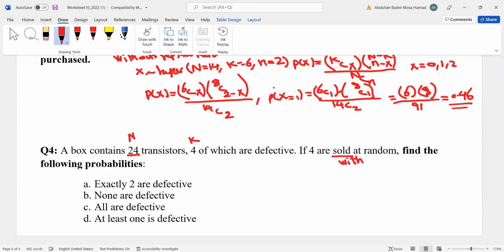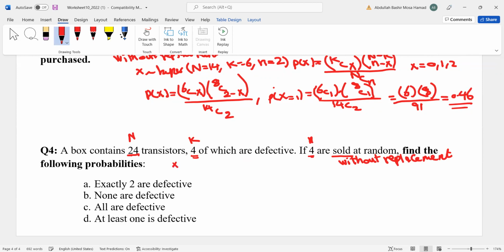Sold means done with no replacement. Without replacement means it is hypergeometric distribution. And these are the parameters: N equal 24, K equal 4, n equal 4.